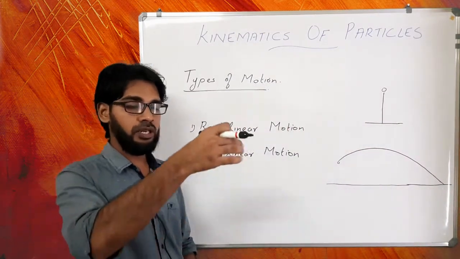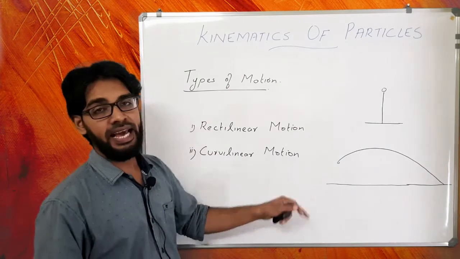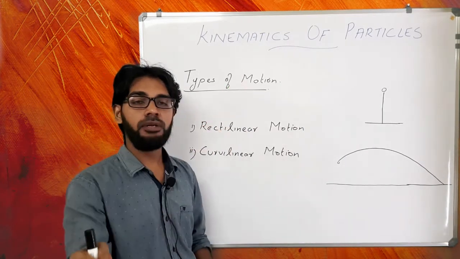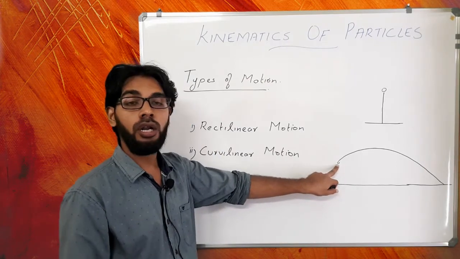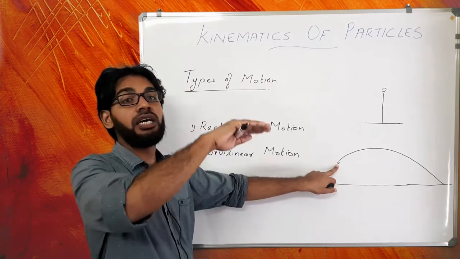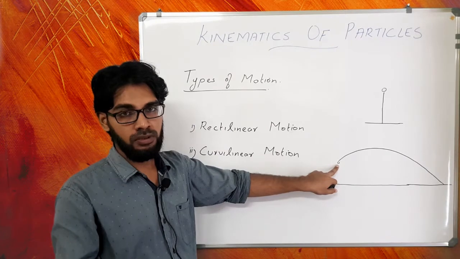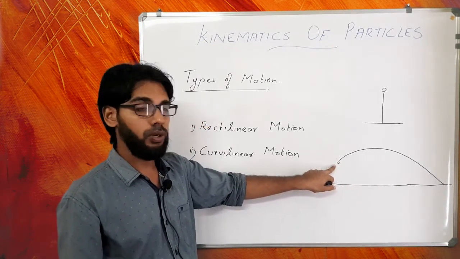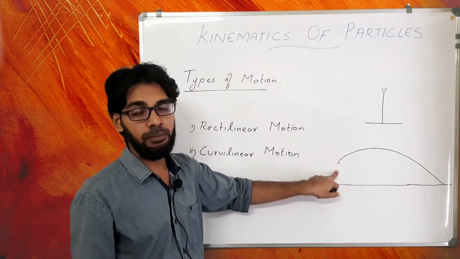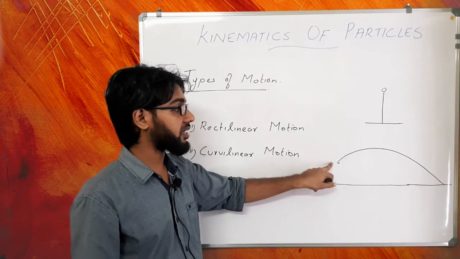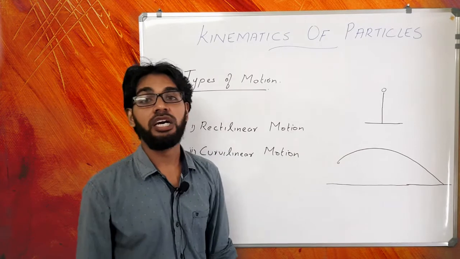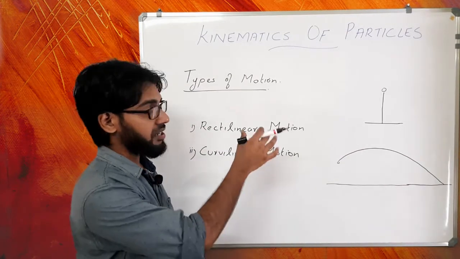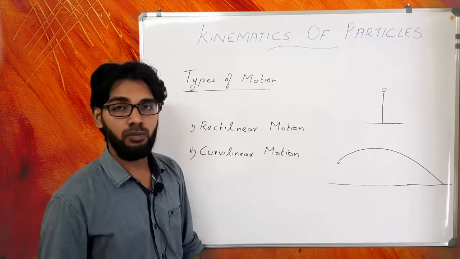So as such, the path described by this corresponding ball will be a curvilinear motion. Due to the effect of gravity, this ball will come to the ground after an instant of time, but it will describe a motion that is curvilinear. This is the example of a rectilinear motion and a curvilinear motion.